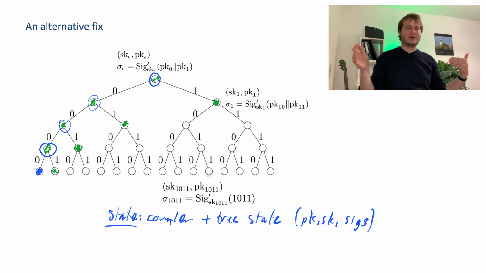But because there are 2 to the n leaves, the chance of finding a collision after polynomially many queries is very low. If we get a message M1, we just choose a random leaf and use that node to sign it, and then of course do the whole tree stuff as well, and so on.